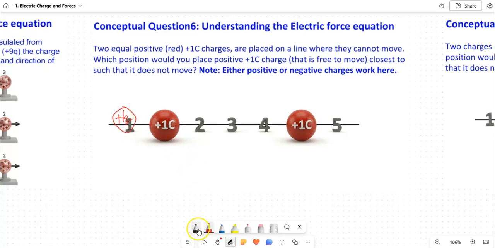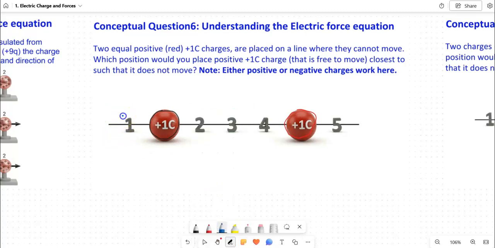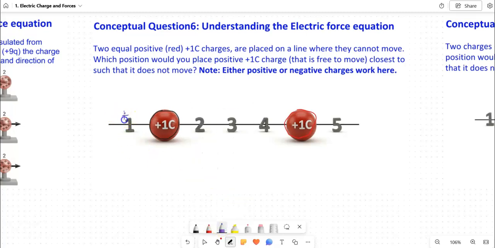I'm going to highlight this as the black charge, and I'm going to make this one red, and we're going to be working with a purple charge that we put right here. So we're putting a purple 1q charge right here.